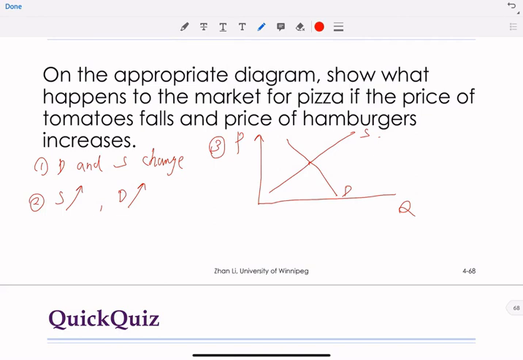So demand will increase. This is the new demand curve. And we also know that supply will increase. So this is the new supply curve. So basically the equilibrium point will move from here to here, right?